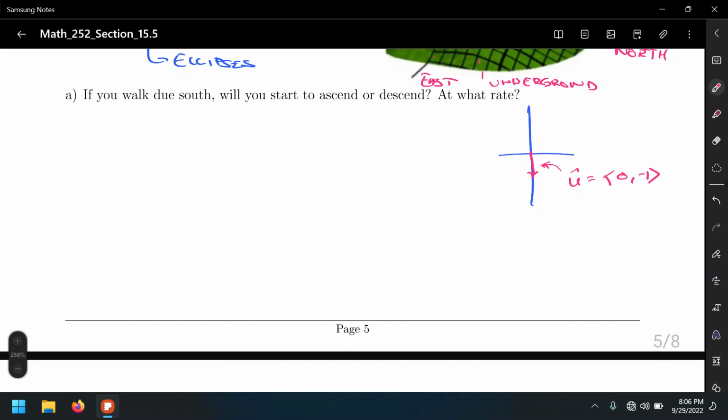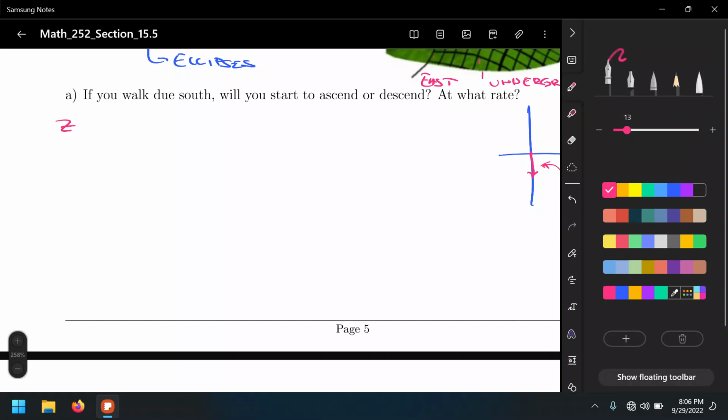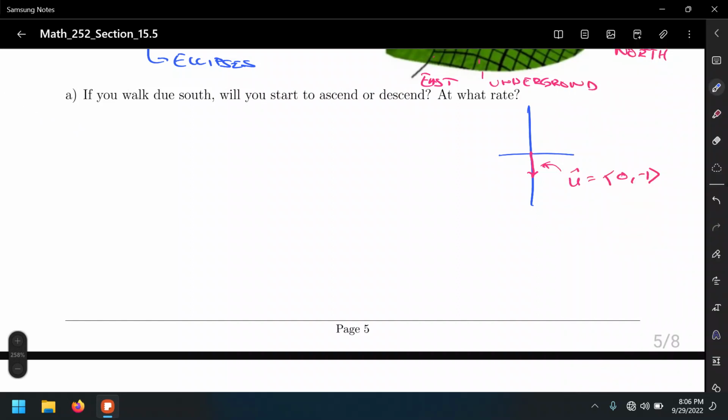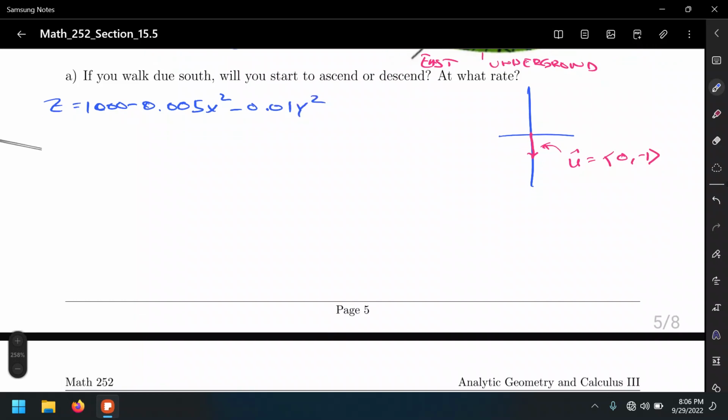Now, we have this unit vector, and we have this function, let me write it down again: z equals 1,000 minus 0.005 x squared minus 0.01 y squared. So let's find the gradient, nabla of z.